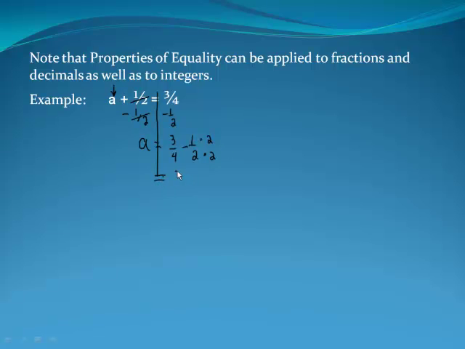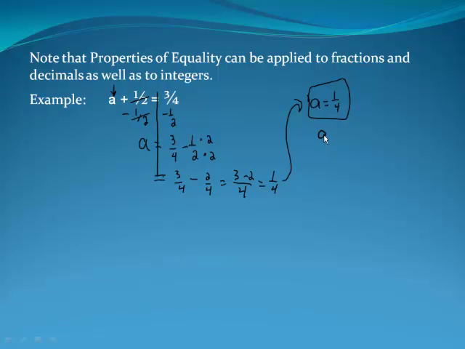So now on my right-hand side, I have 3/4 minus, do the multiplication, 2/4. Subtract the numerators, 3 minus 2 over that common denominator, and I get an answer here of 1/4. So my final answer for this problem will be, and I'm going to bring it up here because I'm running out of room, a is equal to a positive 1/4 as my solution.